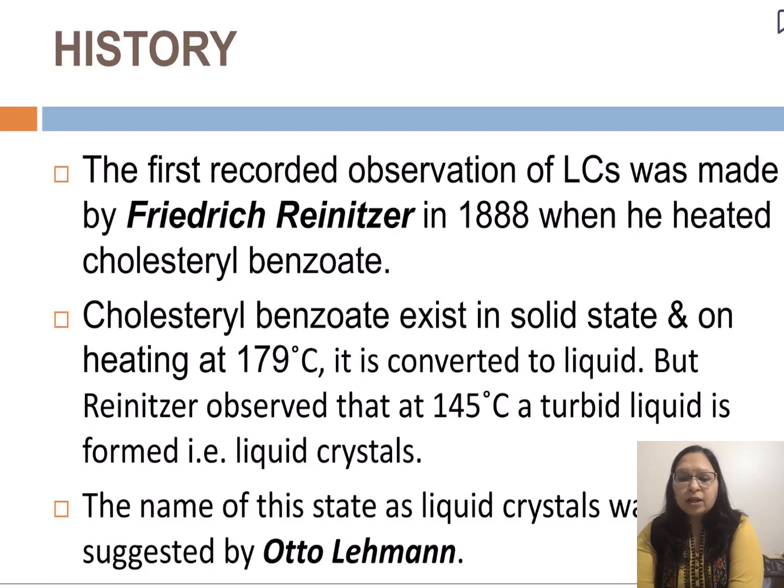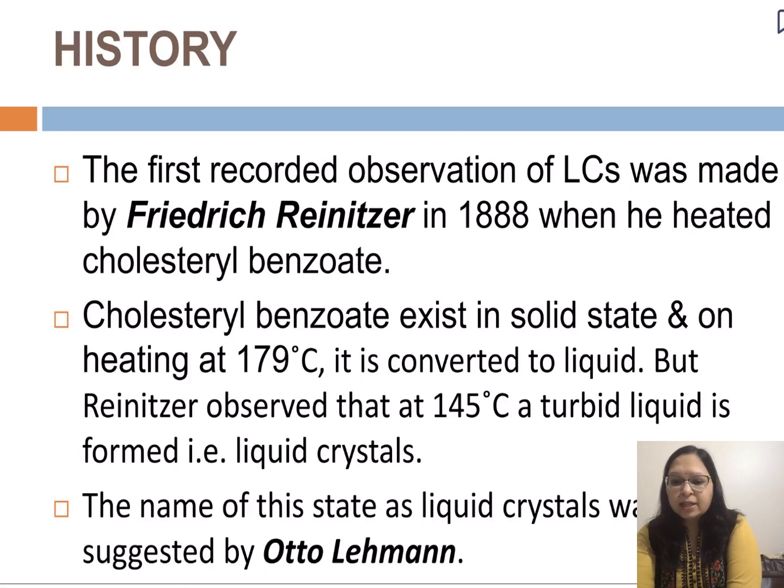Now, when we study the history of the development of liquid crystals, the first such observation was made by Friedrich Reinitzer in 1888 when he heated cholesterol benzoate. So cholesterol benzoate is the first liquid crystal which was discovered.